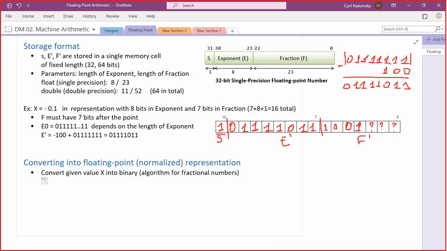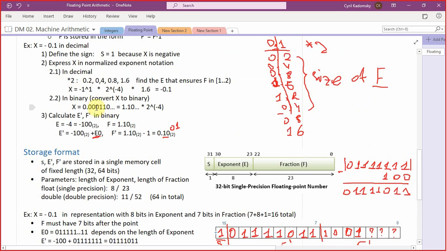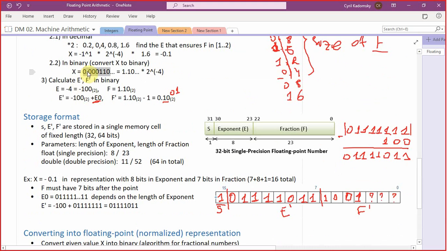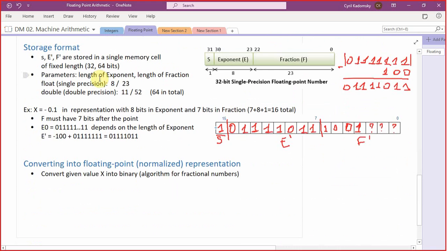For fractional numbers, you will obtain some zeros and ones and a dot. It would be like in our case here. You will obtain some number with a whole part and a fractional part. It's not quite ready. You need to normalize it. You need to make sure that the point stands right after the first one in your number.